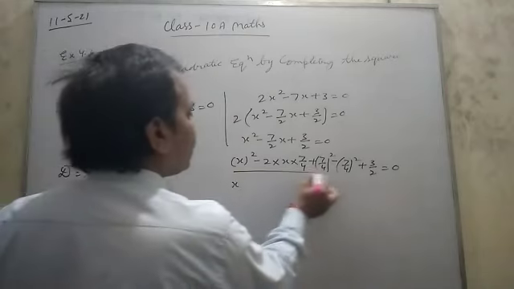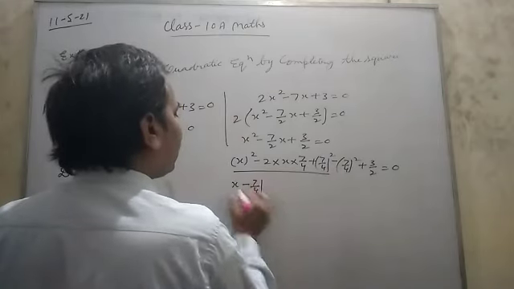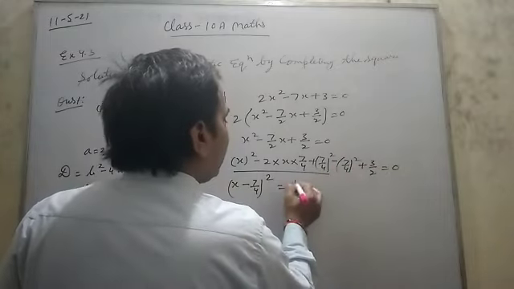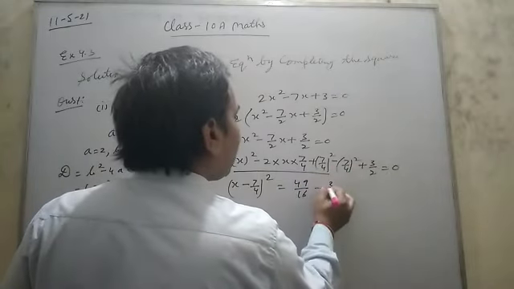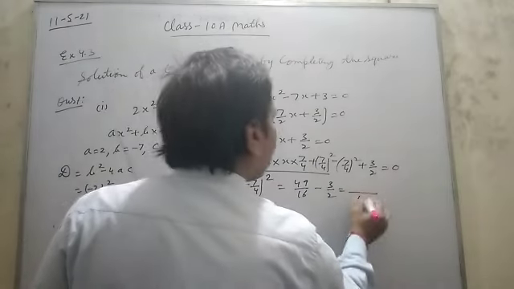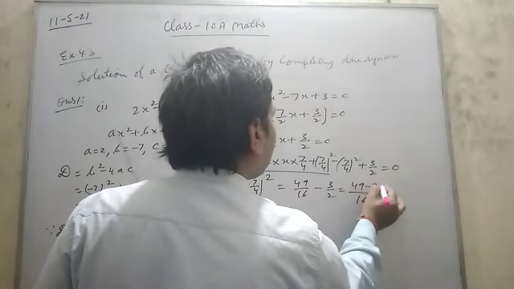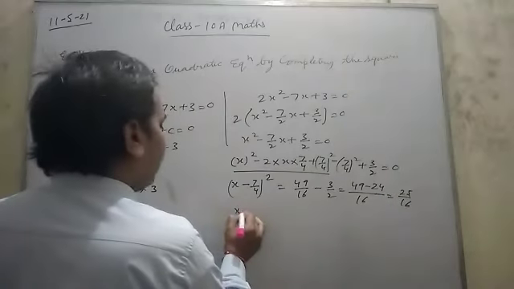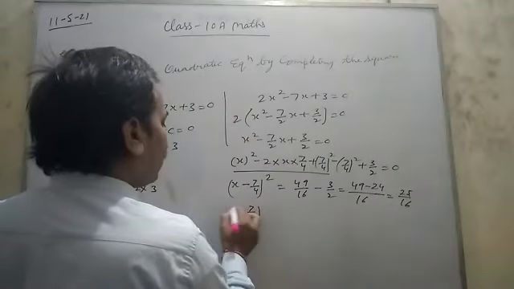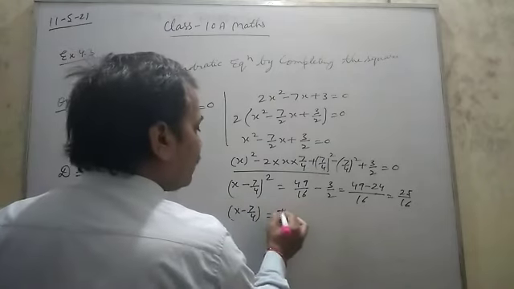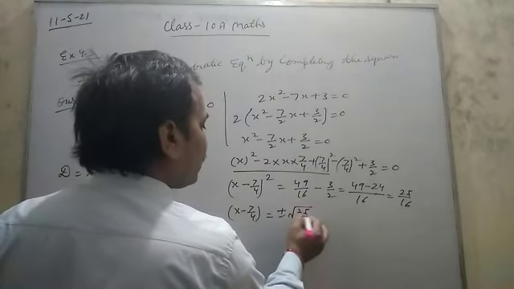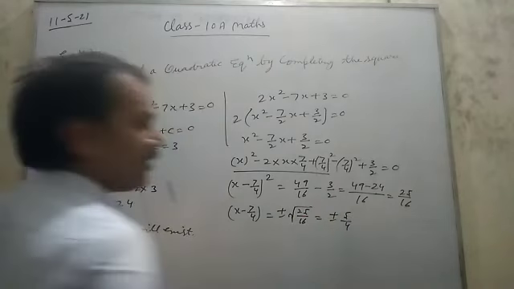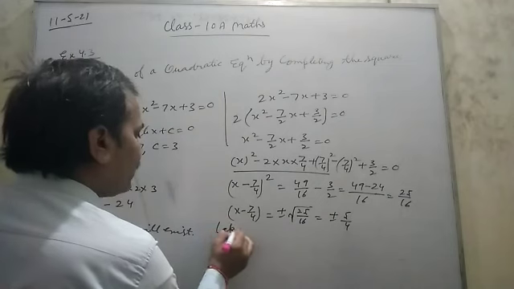So in place of this we can write x minus 7 by 4 whole square, and transfer the remaining to the right hand side. So this 49 upon 16 minus 3 by 2, take LCM. So 49 minus 24 is equal to 25 upon 16. So x minus 7 by 4 whole square is equal to 25 upon 16. Taking square root, plus minus 5 by 4. Then taking positive and negative sign.